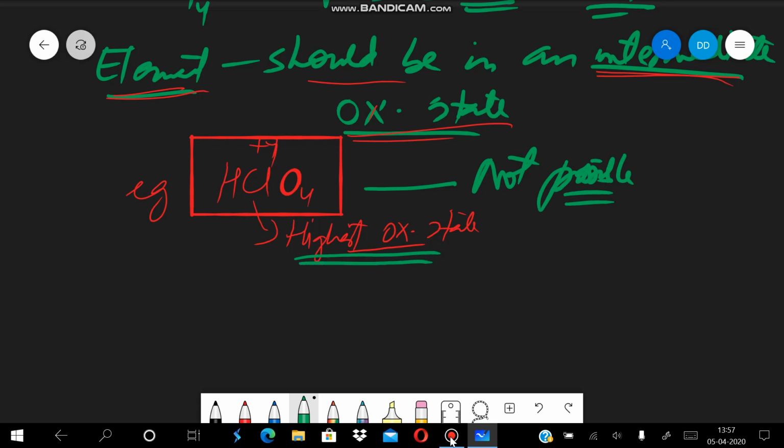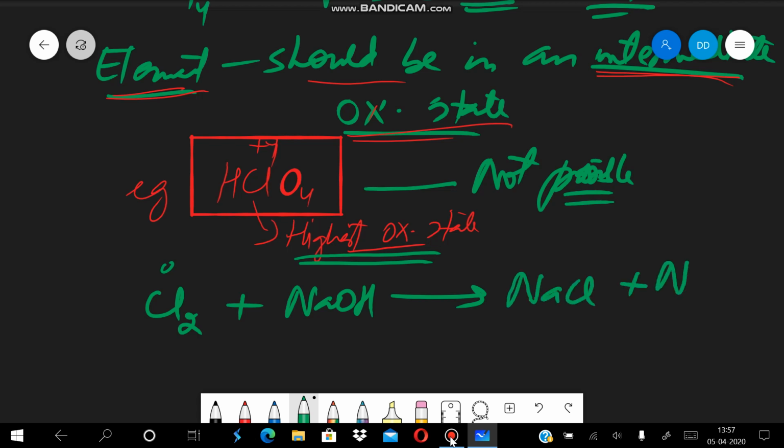On the other hand, if the same element, chlorine, when present in zero oxidation state, is treated with sodium hydroxide, we get NaCl, that is sodium chloride, and sodium chlorate and water.